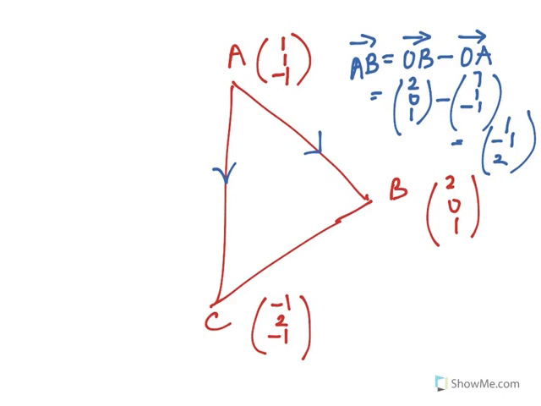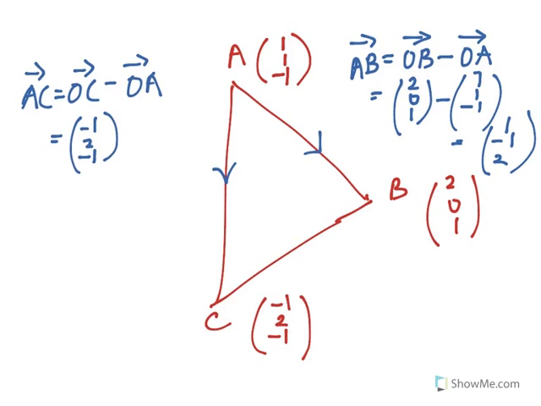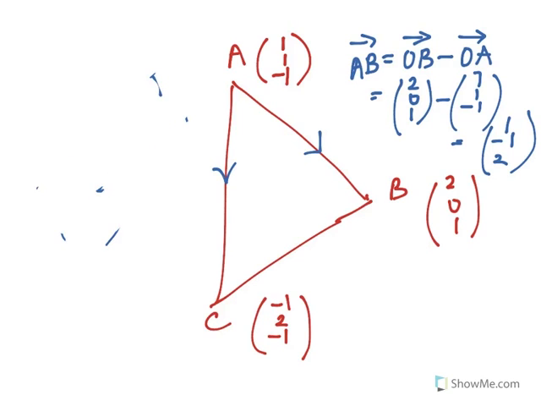Similarly, AC equals OC minus OA. OC is (-1, 2, -1) and OA is (1, 1, -1). So -1 minus 1 is -2, 2 minus 1 is 1, and -1 minus 1 is 0. So AC is (-2, 1, 0). Let me just erase everything so far.